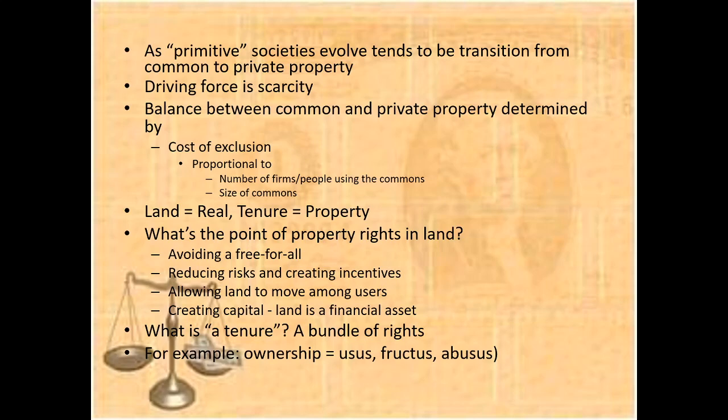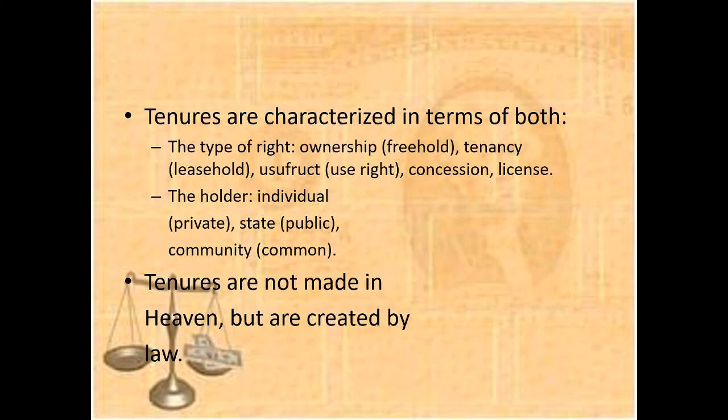This is actually the meaning in this particular sense, which leads us to another problem, that is how tenures are characterized. But before coming to that, we have to clarify what a tenure is. The types of right, ownership which is called freehold, tenancy, otherwise known as leasehold, usufruct or use right, concession, license, etc., are called the tenure rights.